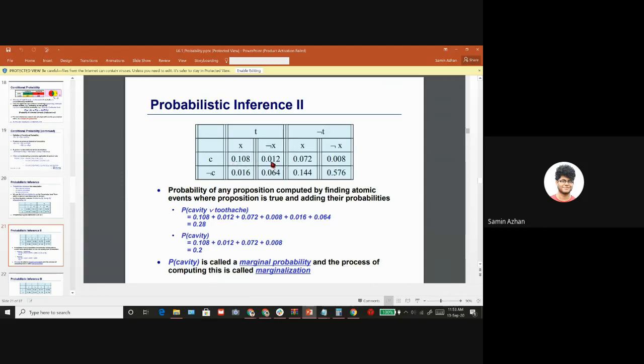We already added these two up, so the new ones are only 0.016 and 0.064. If we add all these six values, we're going to get the probability of cavity or toothache. Similarly, if we want to calculate the probability of cavity alone, we just have to add these four values. Everywhere cavity is true, we just add the probabilities.